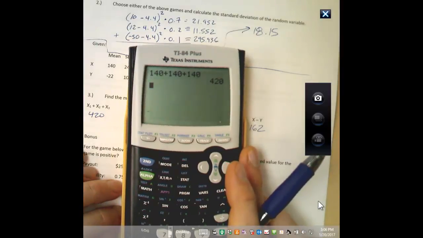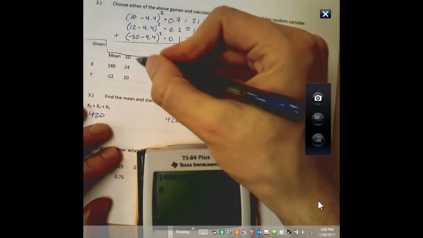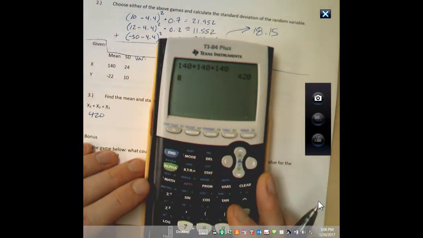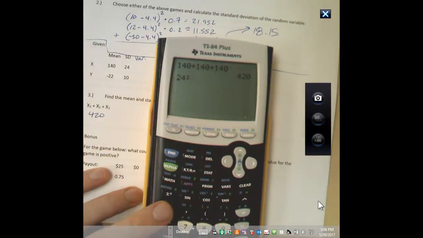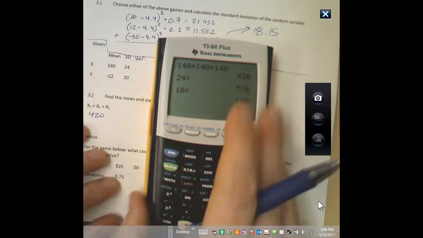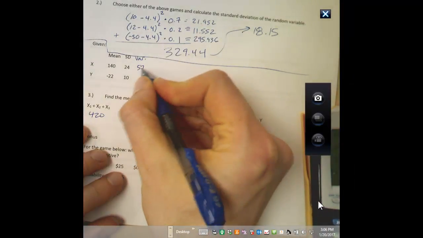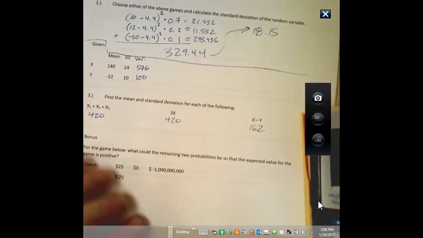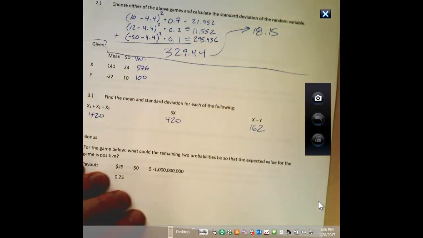But variances do. So I can say, well, what's the variance of these things? The variance is the square of the standard deviation. So I can do 24 squared and 10 squared, and I get 576 and 100, right? And then those add together.